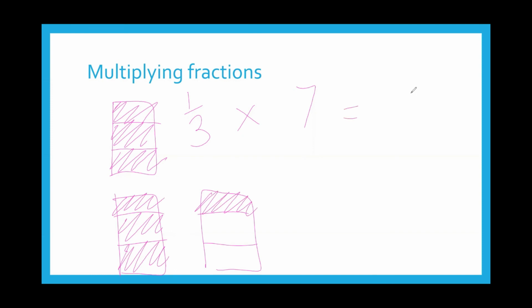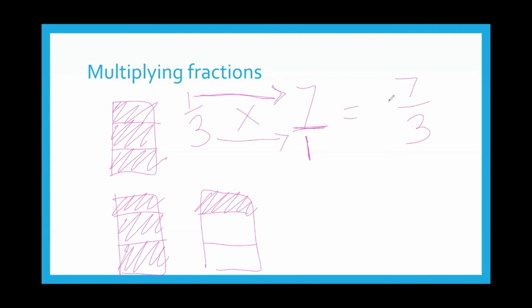So our answer here is just 7/3. That's actually the same thing as just multiplying across, because this 7 really is like saying you have 7 ones. So if you multiply 1 times 7, you get 7, and 3 times 1, you get 3.